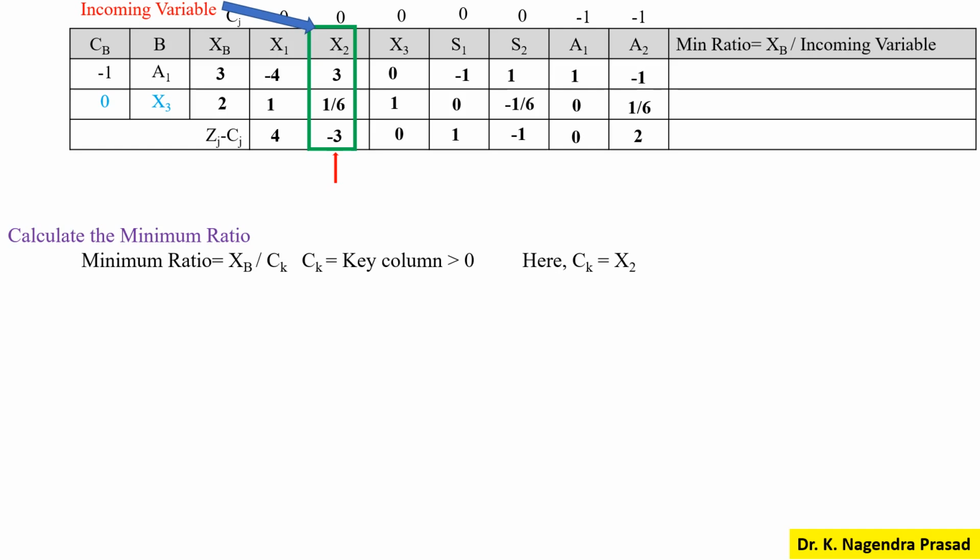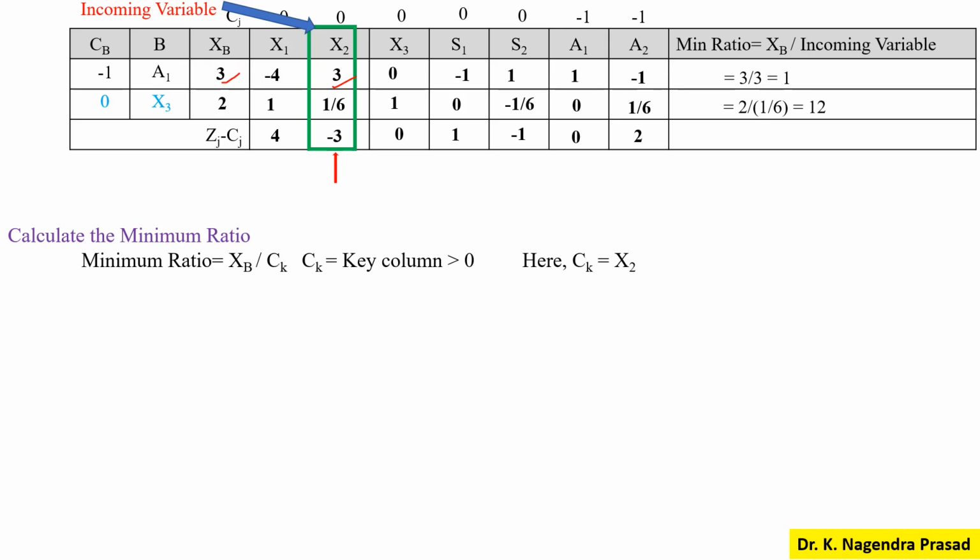Next step is we have to calculate the minimum ratio of xb divided by coefficient of the key column elements. First we calculate this minimum ratio for the first row, A1 variable row. Here xb value is the 3 and coefficient value is the 3. So 3 by 3 is the 1.